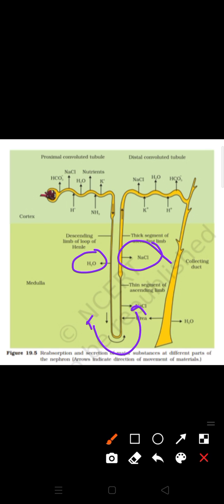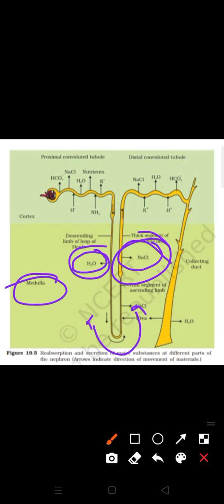This region plays a significant role in the maintenance of high osmolarity of medullary interstitial fluid. Why? Because this region is present in the medulla. So to balance the osmolarity of all the fluid in the medulla, this region is very important. Descending limb of loop of Henle is permeable to water, and ascending loop is permeable to NaCl.